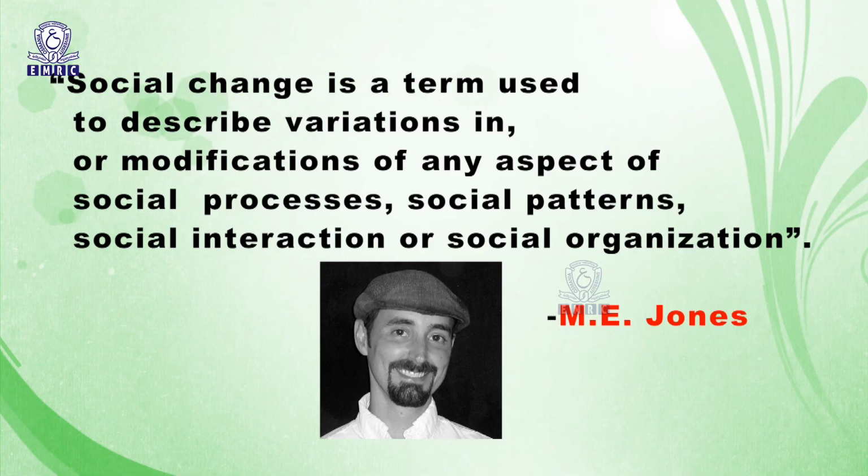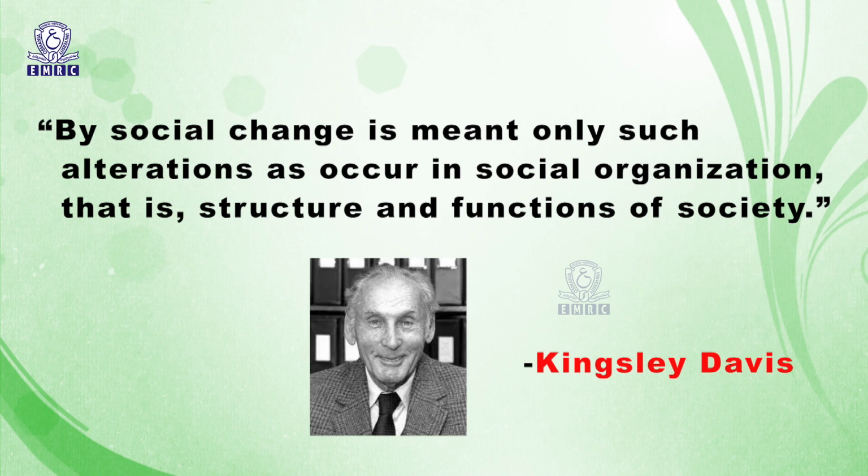According to M.E. Jones, social change is a term used to describe variations in or modifications of any aspect of social processes, social patterns, social interaction or social organization. According to Kingsley Davis, by social change is meant only such alterations as occur in social organization, that is, structure and functions of society.